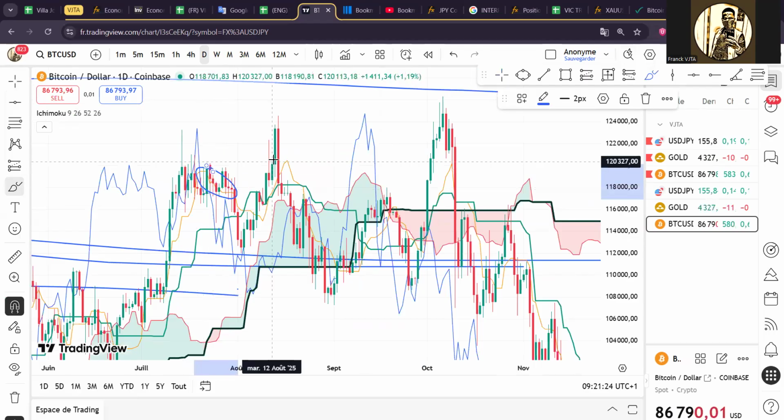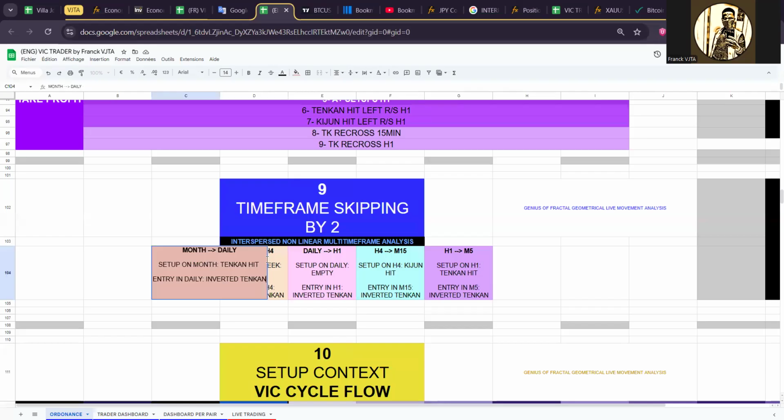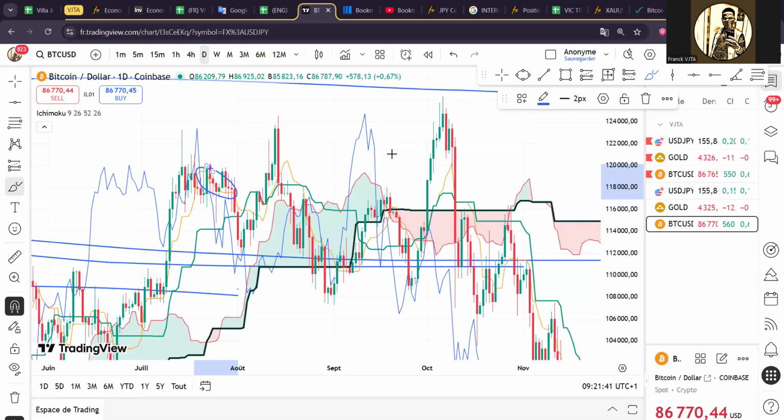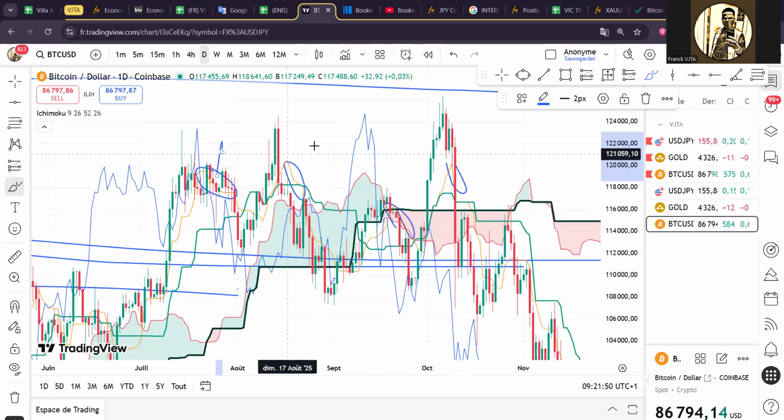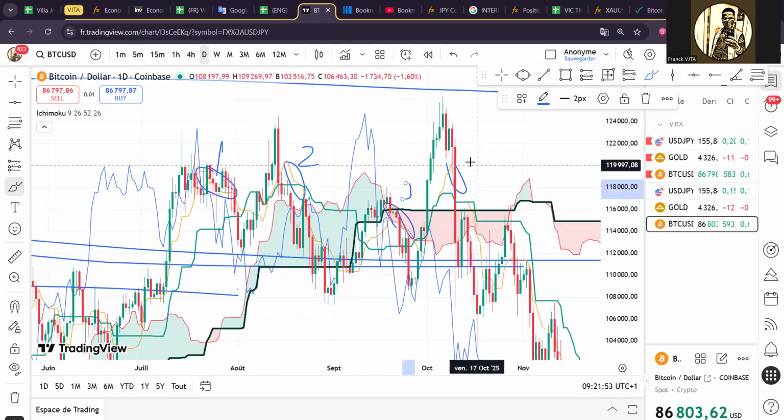And you know that since it is a monthly setup, the empty setup on monthly, what I call empty, the inverted tenkan on daily can be 1, 2, 3, 4, literally 4, right?